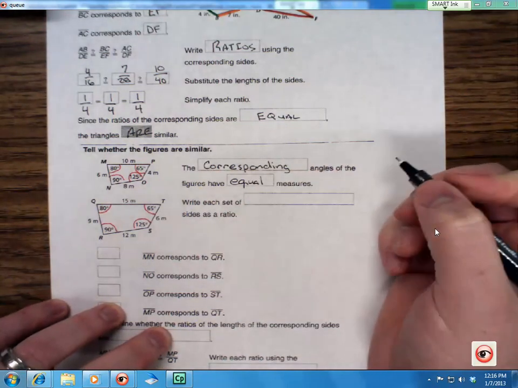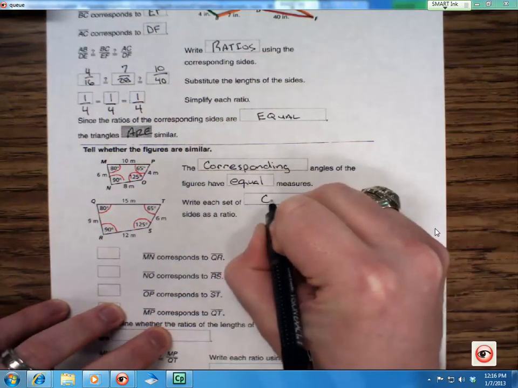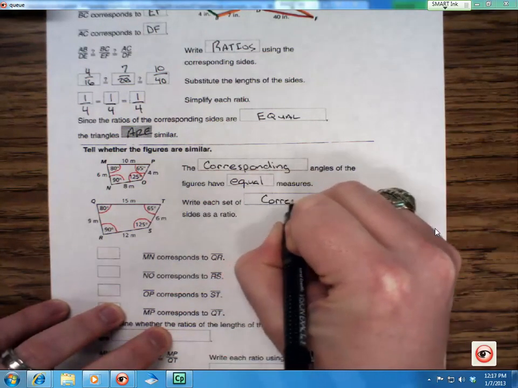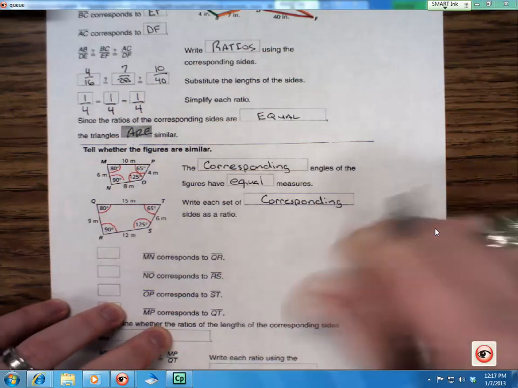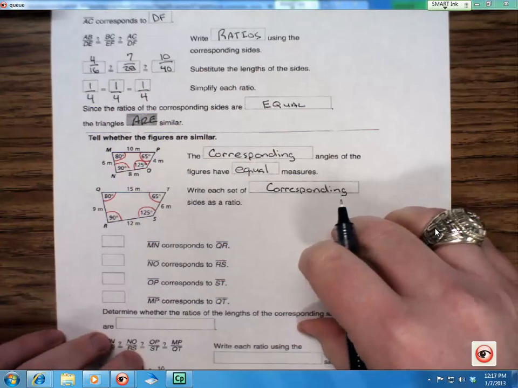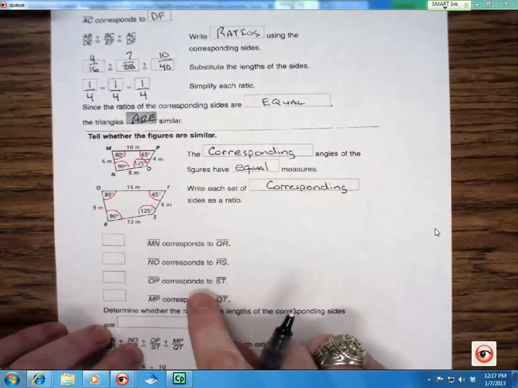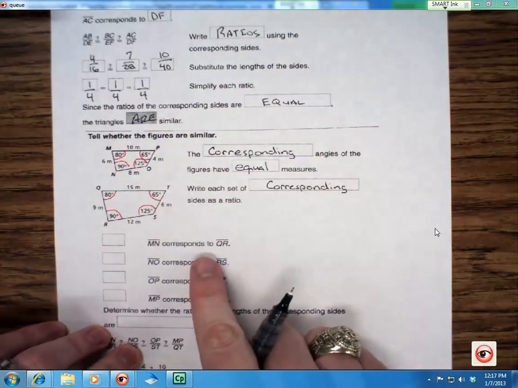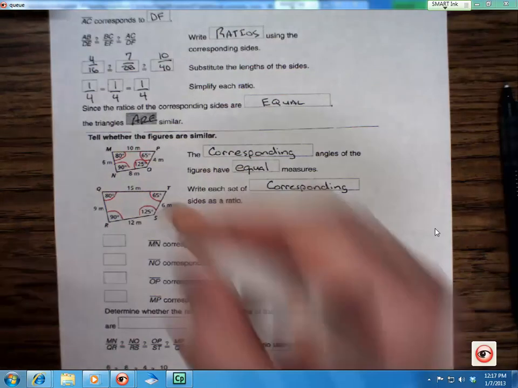And it says we want to write each set of corresponding sides as a ratio. Okay, so down here on this bottom section, what it's asking us to do is write these as fractions. And we could go ahead and identify our corresponding sides again.